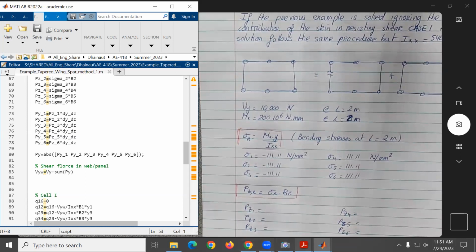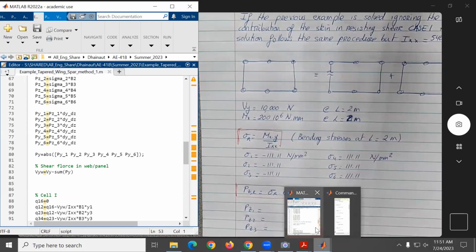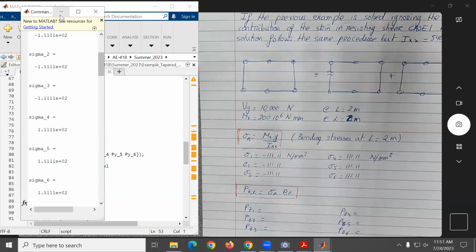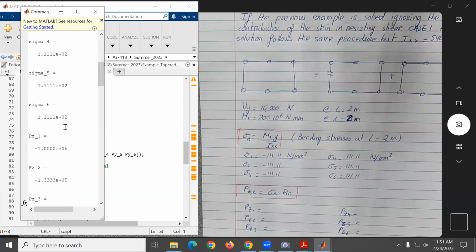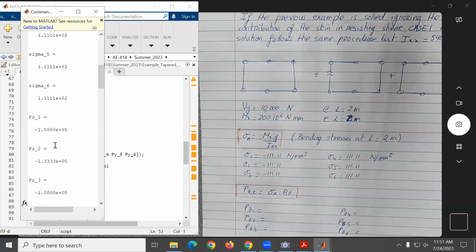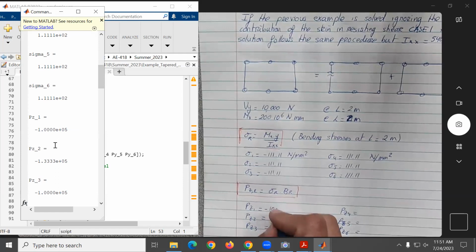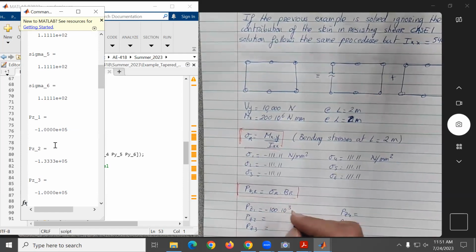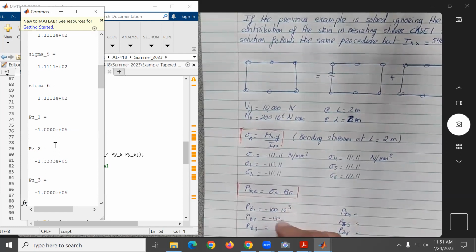All right, so let me go now to the execution file. So let's see what I have. I have minus 110 to the 3, so minus 110 to the 3 for Pz1. Pz2 I have minus 133.33 10 to the 3.